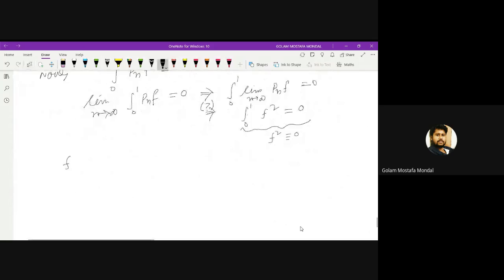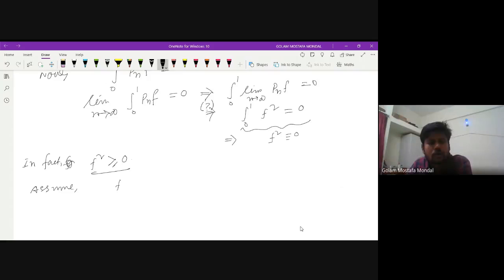This implies f square is identically 0. In fact, f square is greater than or equal to 0. Now, if possible, assume f square of x naught is still greater than 0 for some x naught.